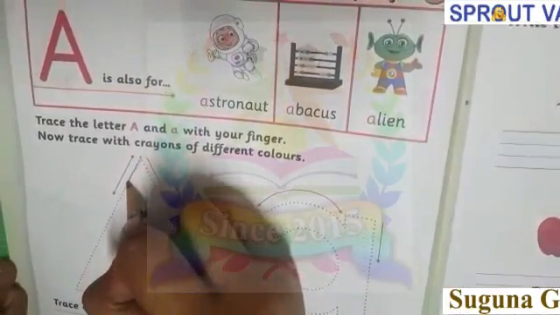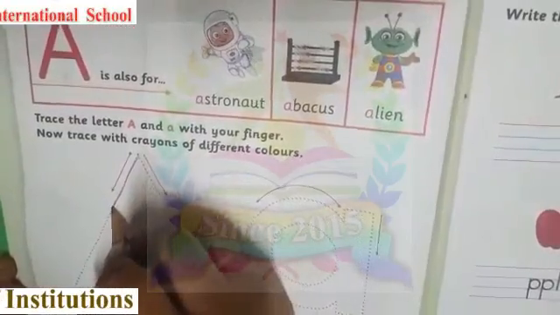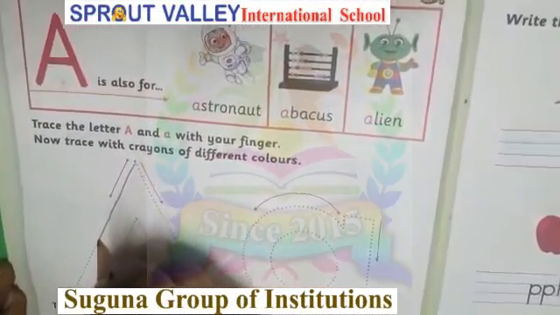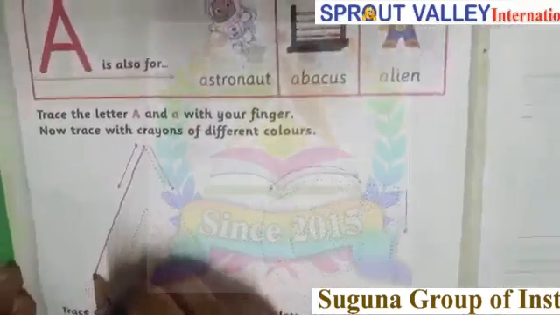slanting line. You have to trace these dotted lines.